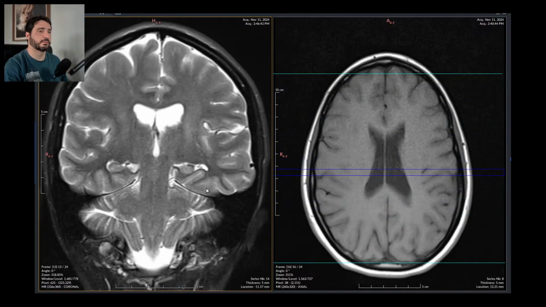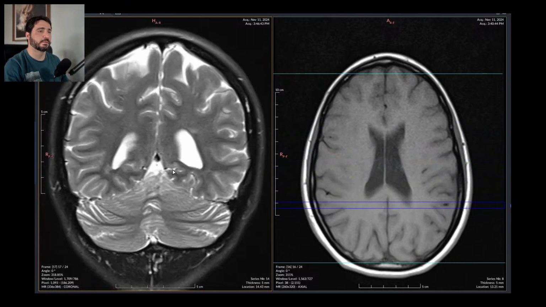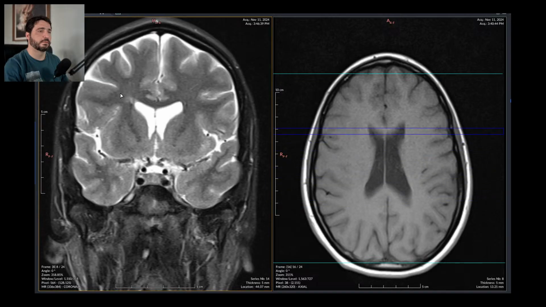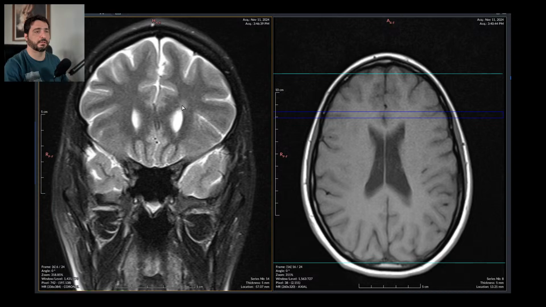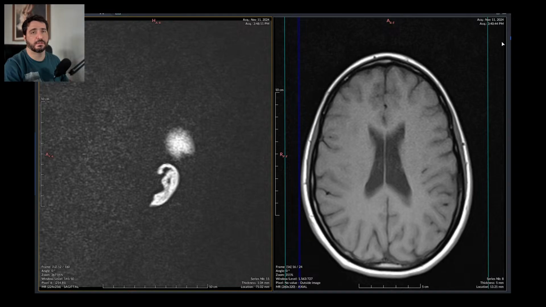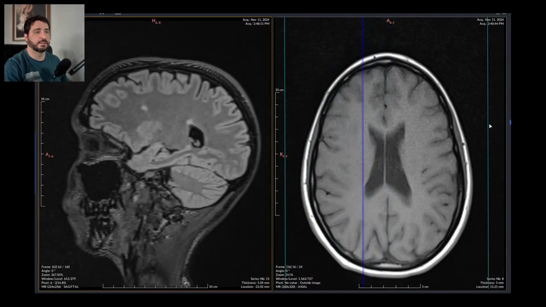Seems really fine. So tiny lesions on the corpus callosum right there, callosal-septal regions. This is quite common. It makes sense to call this multiple sclerosis or any other demyelinating disease.